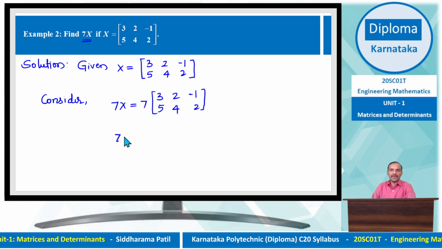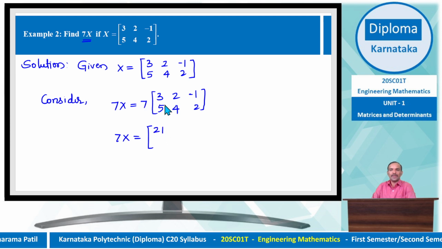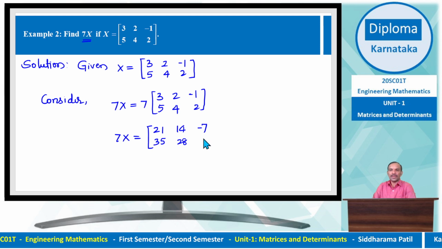That is 7x is equal to 7 3s are 21, 7 2s are 14, 7 into minus 1 is minus 7, 7 5s are 35, 7 4s are 28, 7 2s are 14.